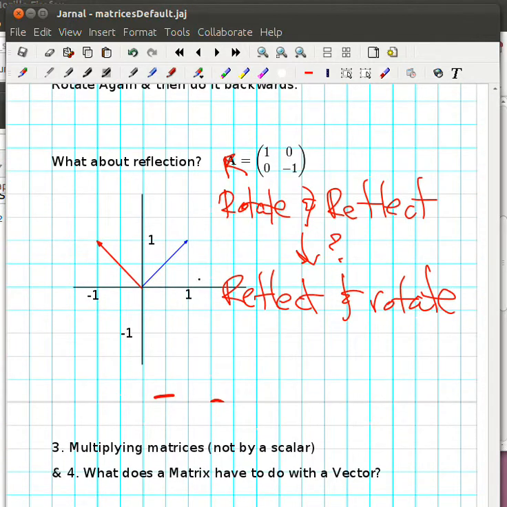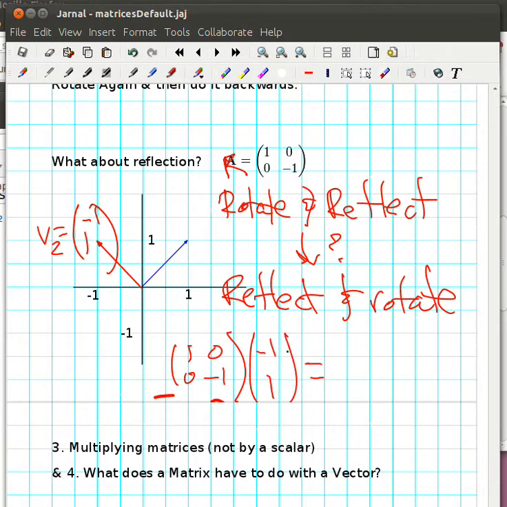So rotate, we have already seen it ends up with this vector. So let's go ahead and take that vector, let's call this v2, where x equals negative 1 and y equals 1. So let's take that and reflect it by multiplying it by the reflection operator, or matrix. So that would be 1, 0, 0, negative 1, and then negative 1, 1.